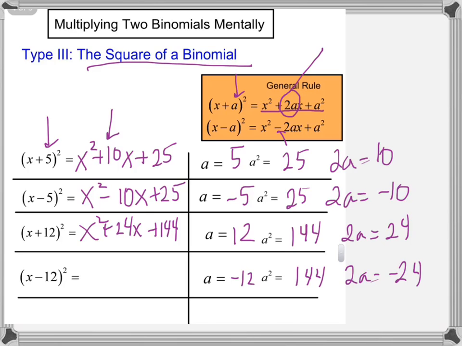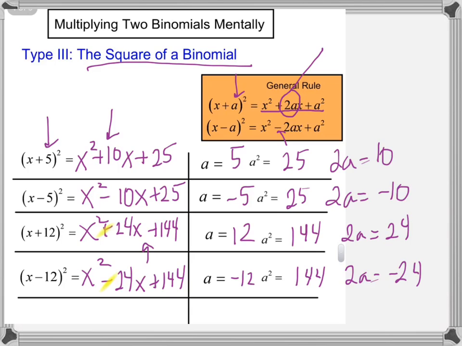So we have x squared minus 24x, and plus 144. It's identical to the one above it, except this right here is a plus, and this right here is a minus.